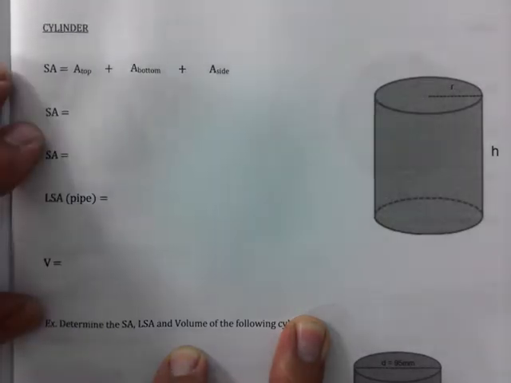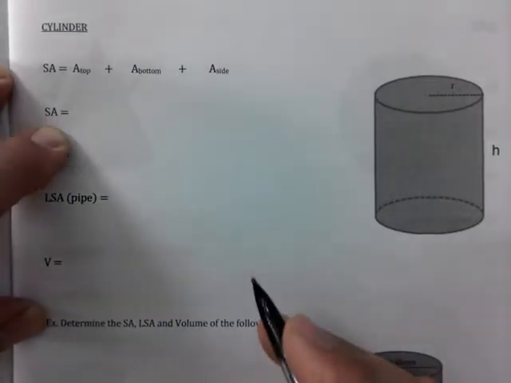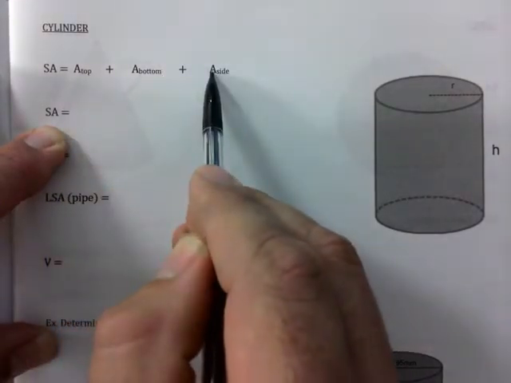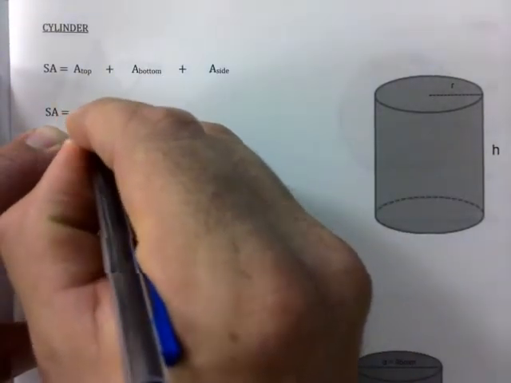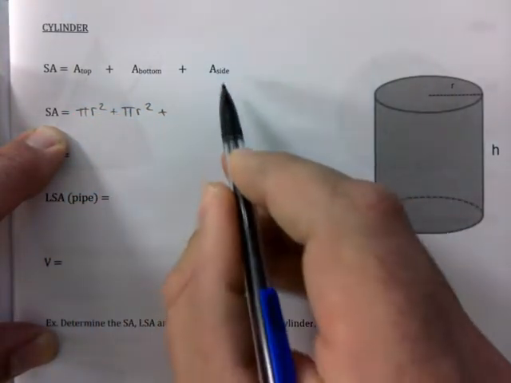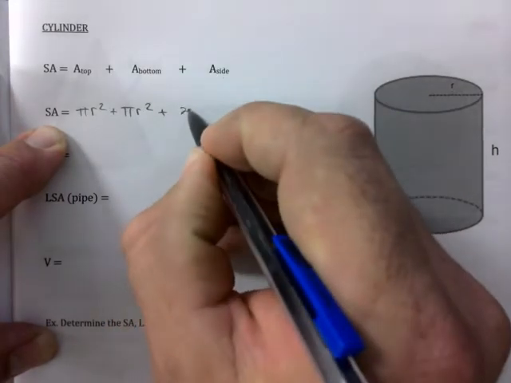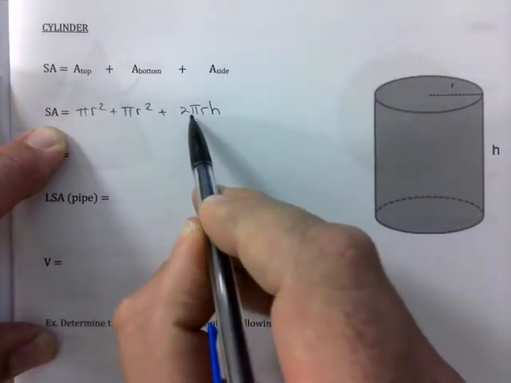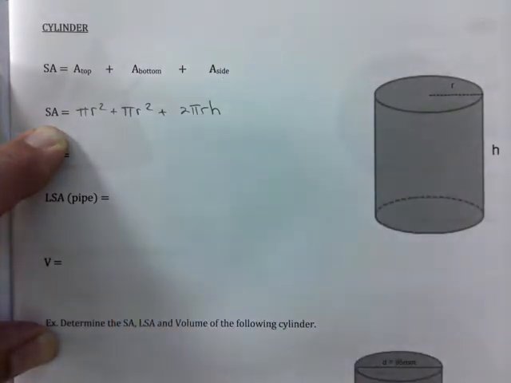Anyways, surface area, if you think about it, is area of top, area of bottom, area of side. So I actually want you to do this: pi r squared plus pi r squared plus the area of the side, which is 2 pi rh. 2 pi r, if you remember, is the circumference of the circle.